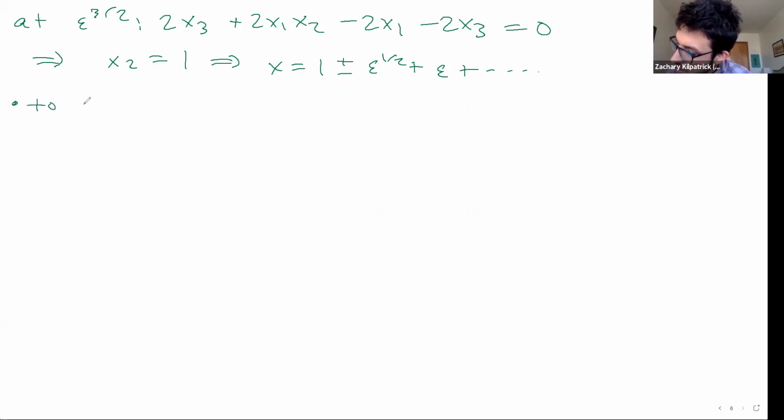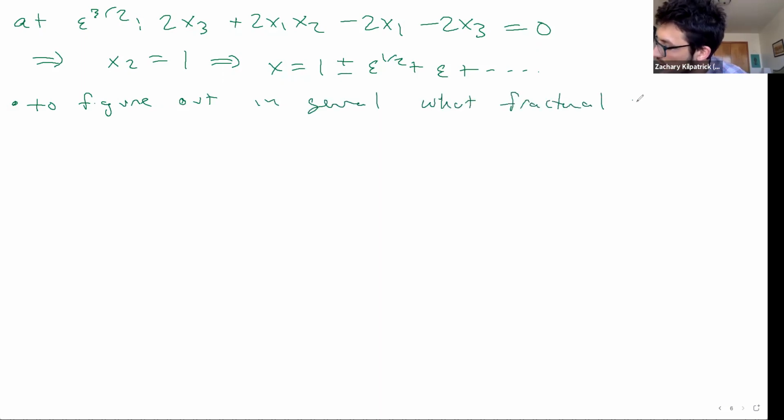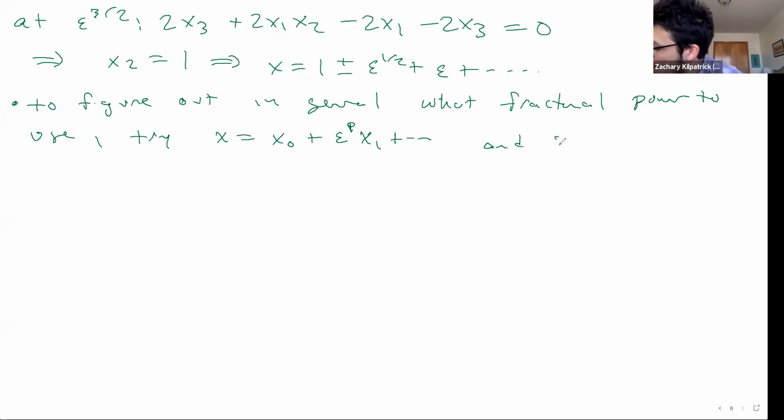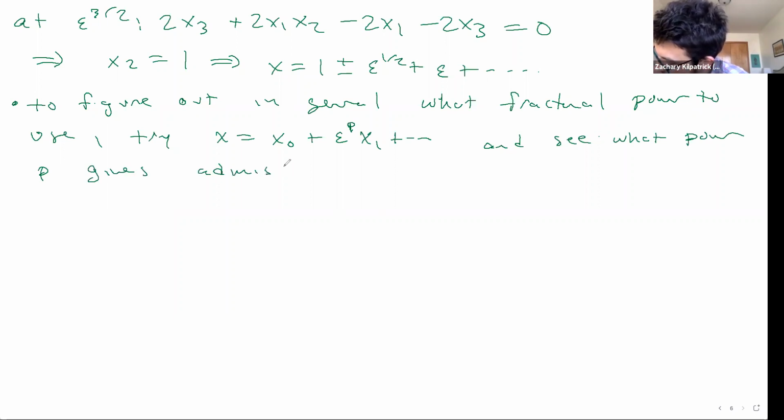So to figure out in general what fractional power to use, basically, try x equals x0 plus epsilon to the p x1, and so on, and see what power p gives admissible next order equations, okay?